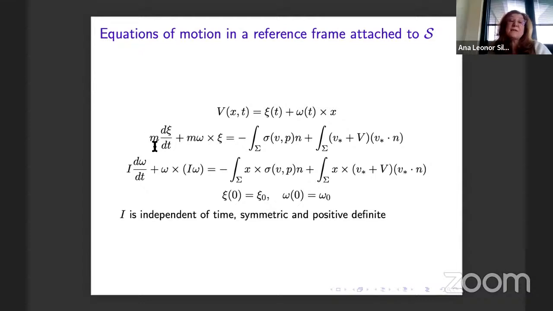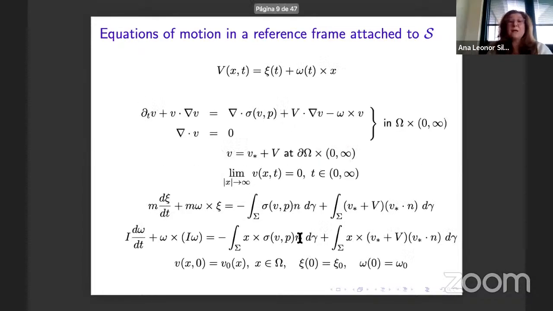This m is the mass of the rigid body, and now this y is the transformed inertia matrix, which now in this reference frame that we are considering in this new formulation is independent of time, and it is also symmetric and positive definite. Okay, so let's put everything together, and our fluid rigid body interaction problem is described by these equations.